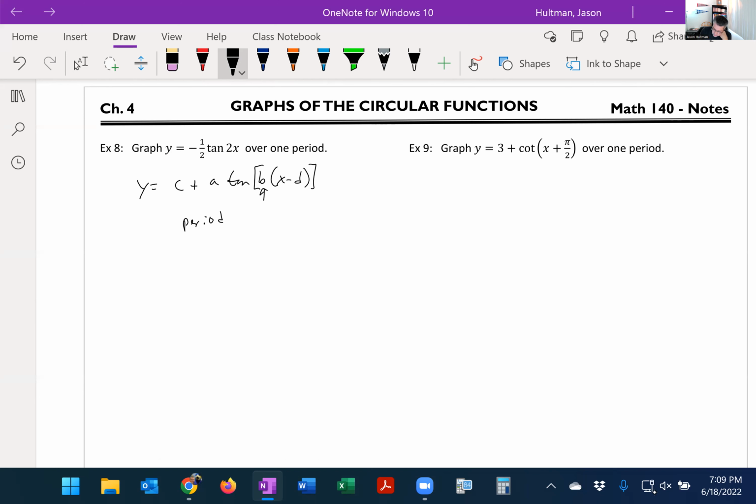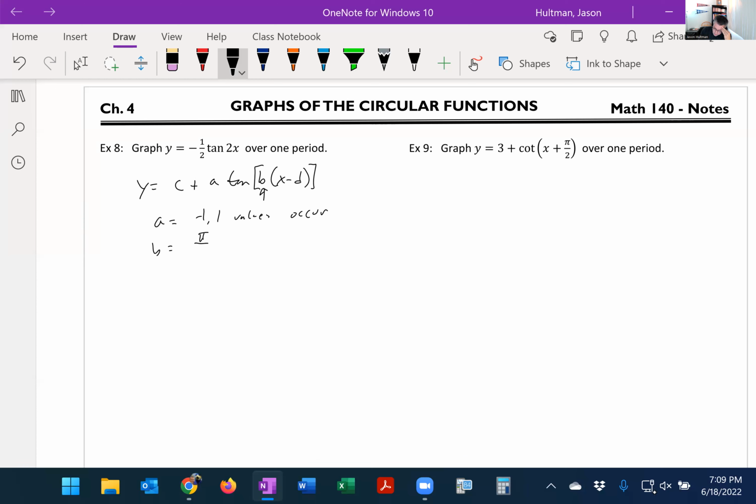If b is 1, the period is pi. And so instead of being 2 pi over b, we get pi over b. A we could think of as the amplitude, but it really isn't. A is just where my 1 and -1 values occur.